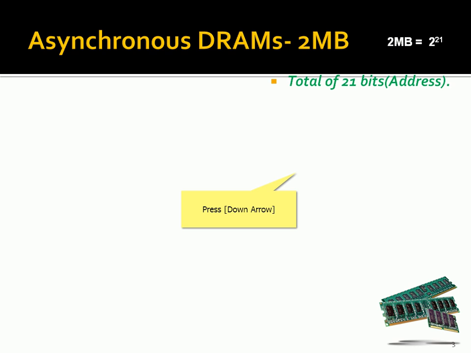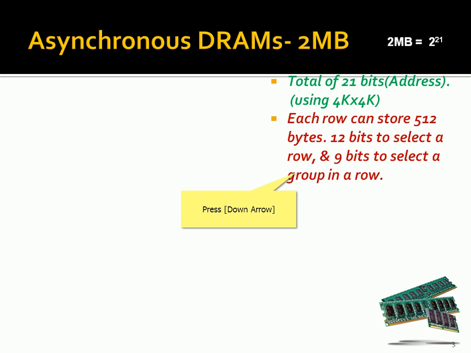Here we use a 4K by 4K organization, where each row can store 512 bytes, so 12 bits select a row and 9 bits select the group within it. The total is 21 address lines.